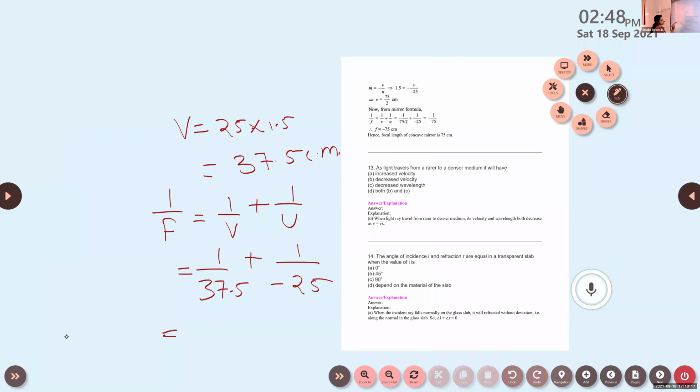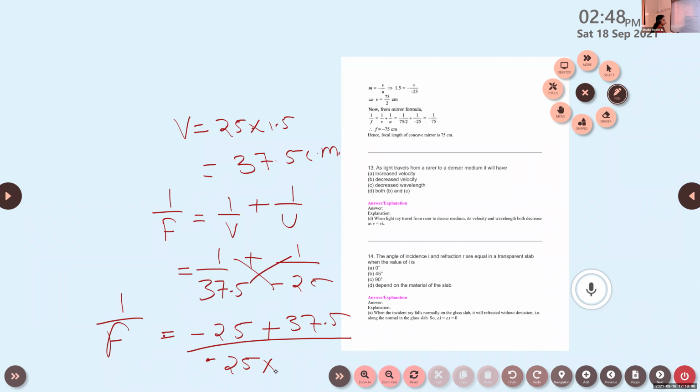Just cross multiply it. 1 by f is equal to minus 25 plus 37.5 divided by minus 25 into 37.5. Or you can find the LCM. Since it contains the decimal point, we just try to cross multiply it and find the answer.